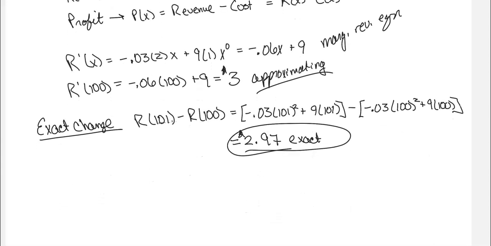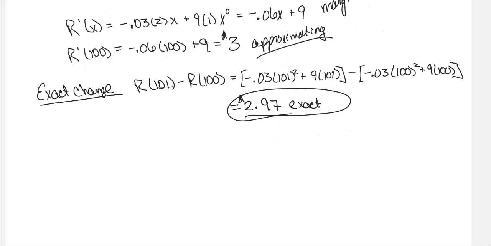Why did I plug in the 101 and why did this work? It goes back to that limit definition. So when we talk about revenue, the marginal revenue would be the limit as h goes to 0 of r of x plus h minus r of x divided by h. So if I'm talking about selling items, the smallest I could ever be here is 1.